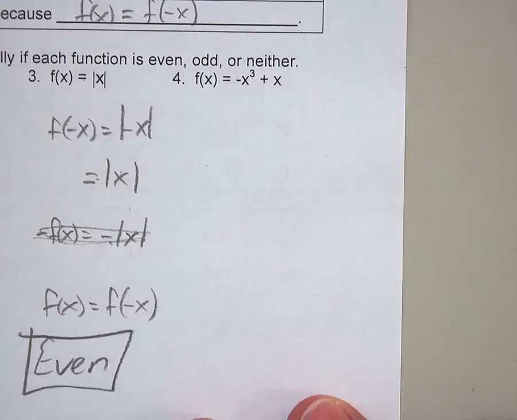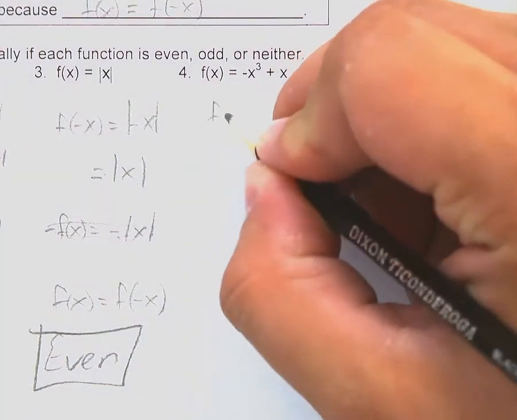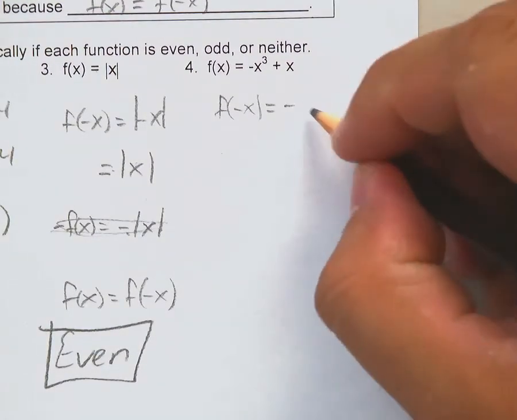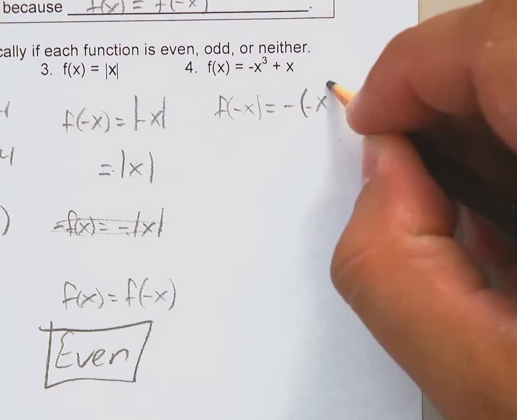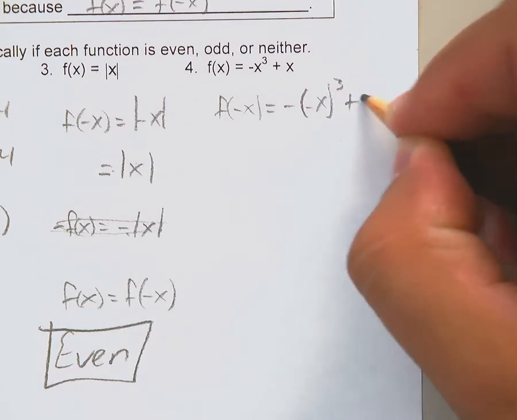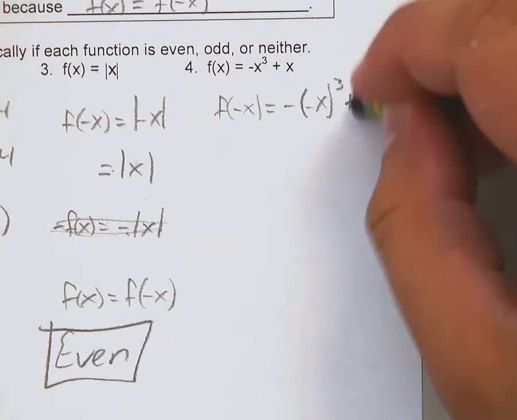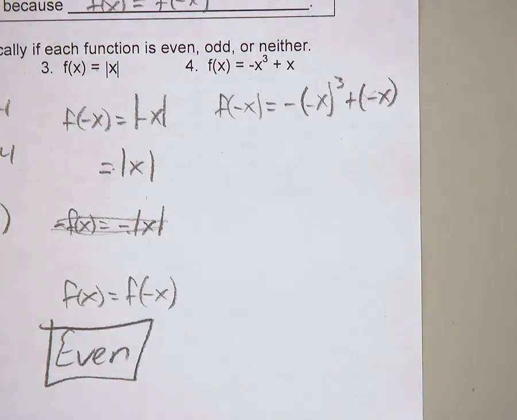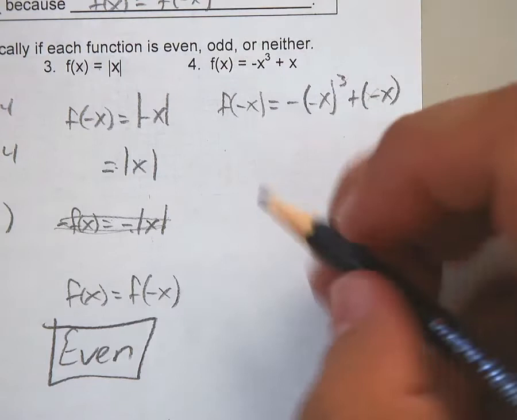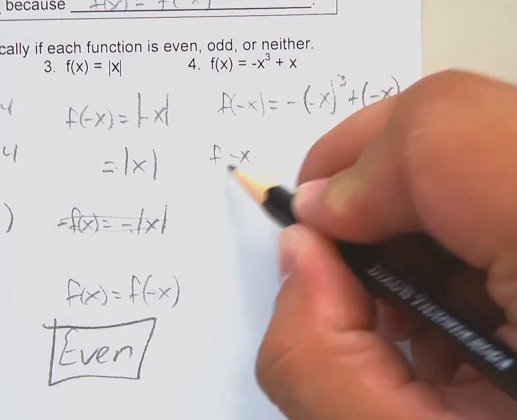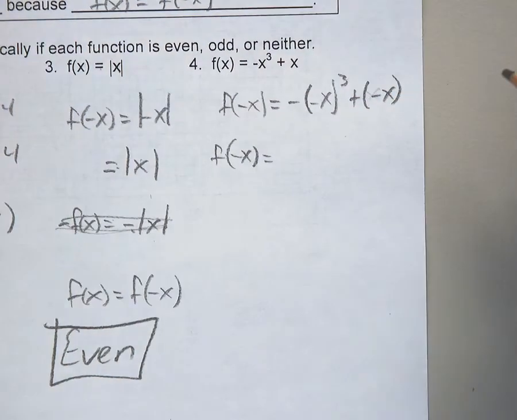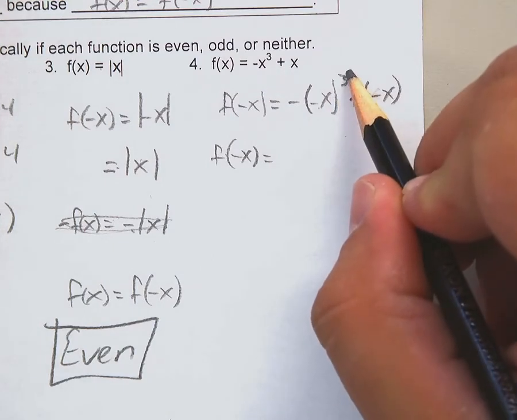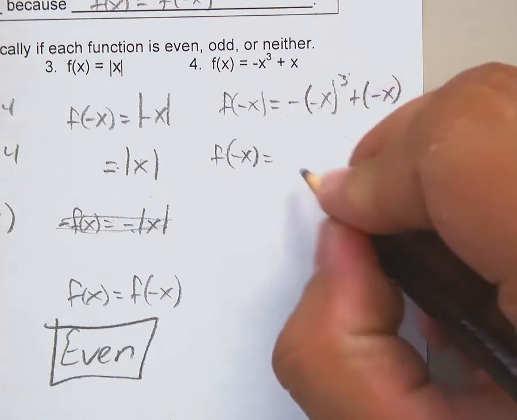Last one here. F of negative x, you put a negative x inside of where every x is at. So I'm going to open up a set of parentheses. Everywhere I had an x, throw a negative x inside of there. So you have negative x cubed, which is going to be negative x cubed, and another negative outside.